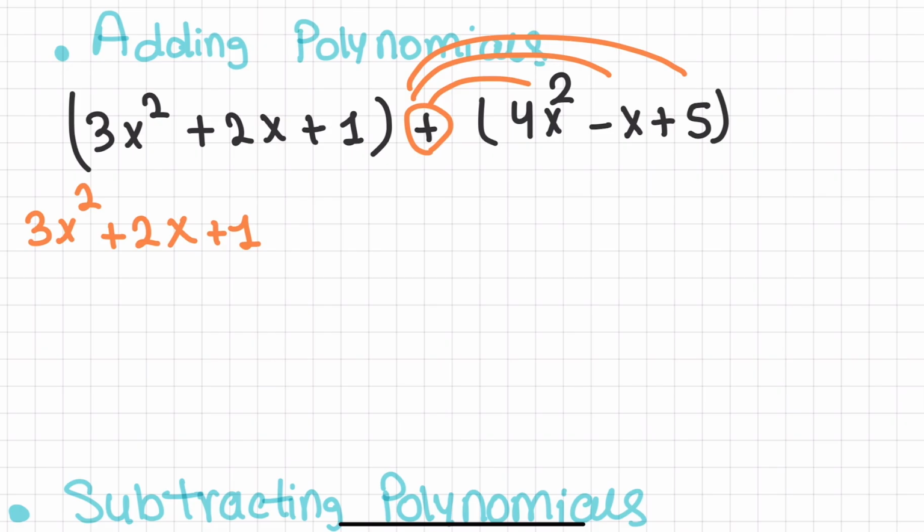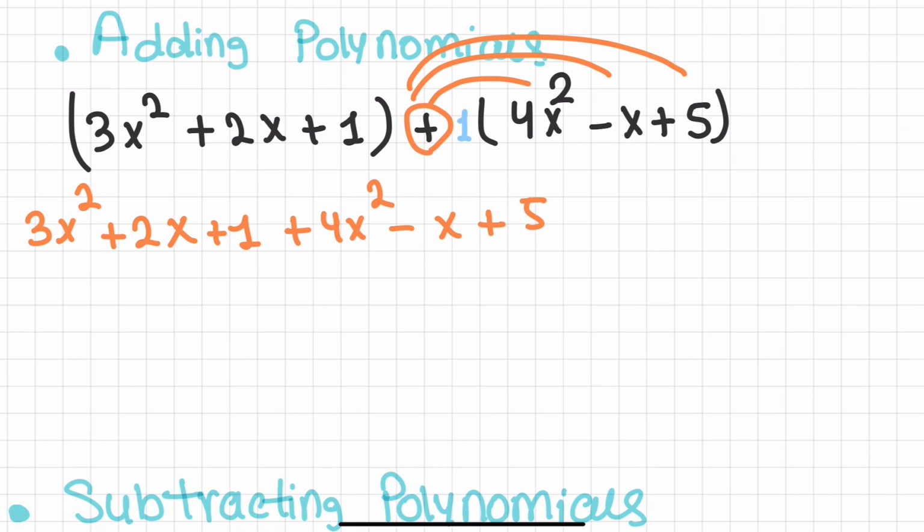There is a hidden 1 here, so it's positive 1 times 4x to the power of 2, which is plus 4x to the power of 2. Plus to the negative is negative x, plus to plus is positive 5. So this is what you have here.